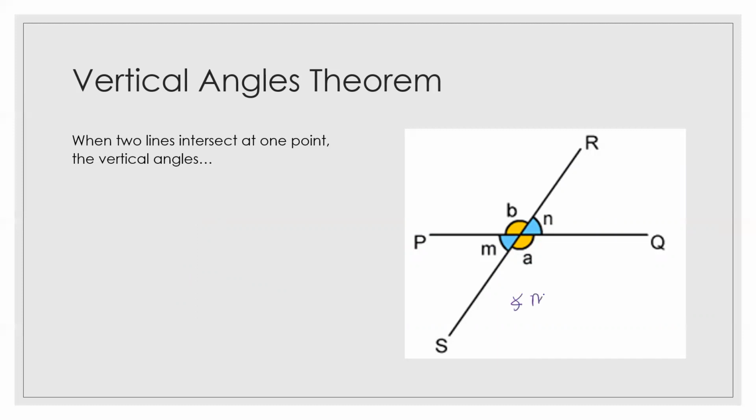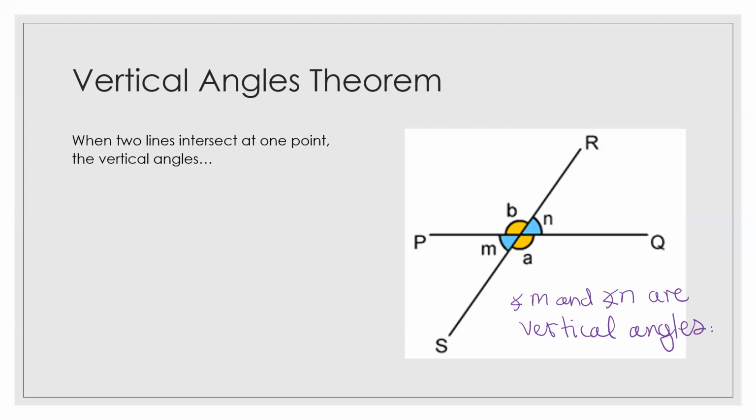So angle M and angle N are vertical angles. We don't talk about a vertical angle like one angle, right? It's a pair of vertical angles. And then angle A and angle B are vertical angles.